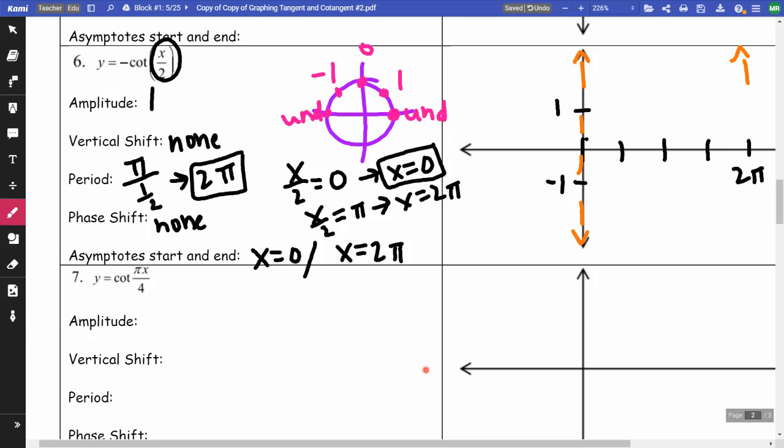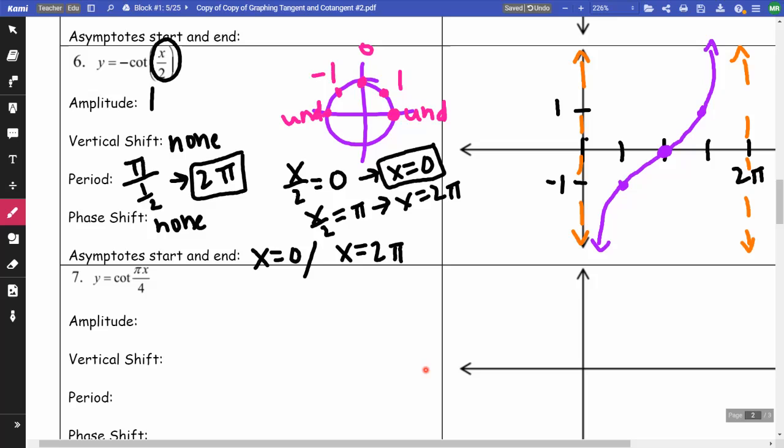I have an asymptote here at x equals 2 pi. And then my graph, that is going to be 0. And then normally my cotangent would start here and go here. But because of that negative, it's going to flip-flop. So it's going to be like a tangent. And so this is my graph.